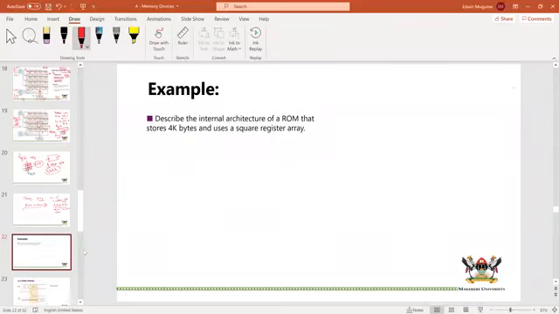They are saying describe the internal architecture of a ROM that stores 4K bytes and uses a square register array. So they've told you it's a square register array. It's 4K bytes, so it's 4K by 8. But really we are interested in that, the size of the register. 4K is 4096, which is 2 to the power 12.